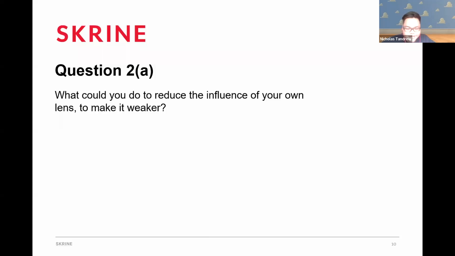Now that you've mentioned regarding the private life, I would say that the way I could do to reduce the influence of my own lens is to read at least or to watch the entertainment products from the other country. For instance, the Korean drama, or I think the easiest example is a movie or series from US and Hollywood, which is the center of entertainment. So that would be the easiest way to reduce the influence.